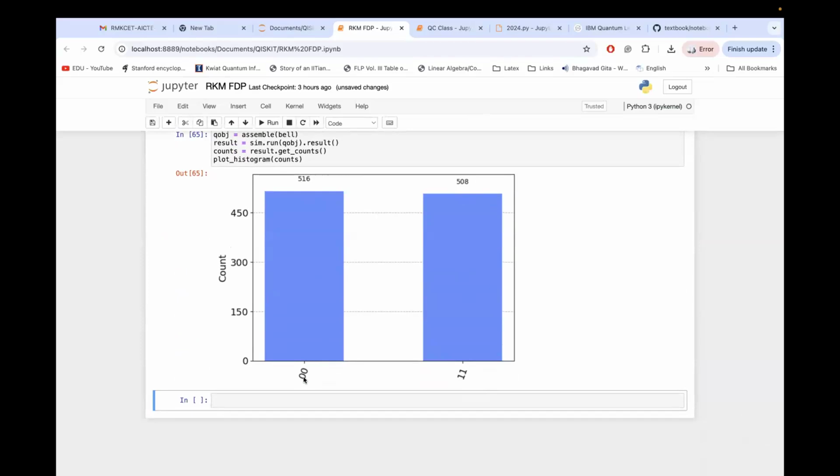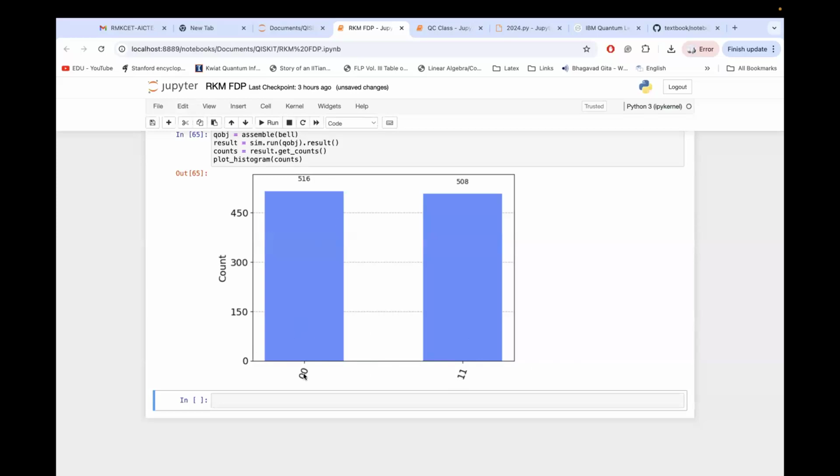So whenever you find the first system in the 0 state, wherever the second system is located, it may be located anywhere in the universe, it is always going to be in the 0 state. It is going to collapse into the 0 state. In the same way, whenever the first system collapses into the 1 state, the second system, irrespective of the distance, wherever it is located, is also going to be measured in the 1 state. So there exist non-local correlations between the measurement outcomes.